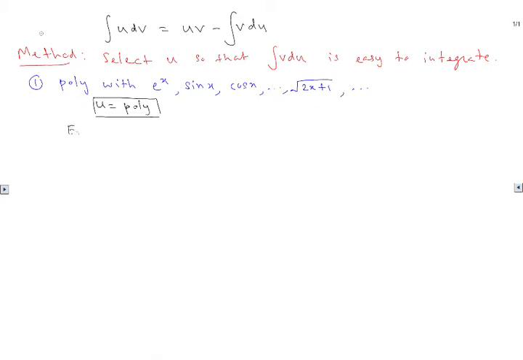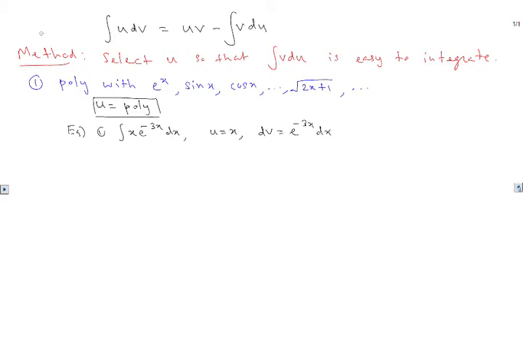Let's say the first one is x e to the negative 3x dx. According to this argument, your u is going to be x, and then dv is going to be the rest of the integral, that means e to the negative 3x dx.